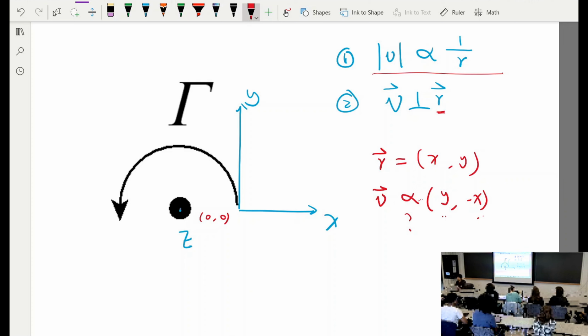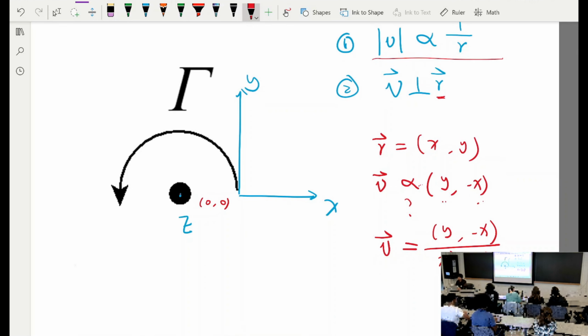So v now is equal to y minus x, divided by x squared plus y squared, which is r squared. So this is the whole velocity field of a single infinitely long vortex of some strength.